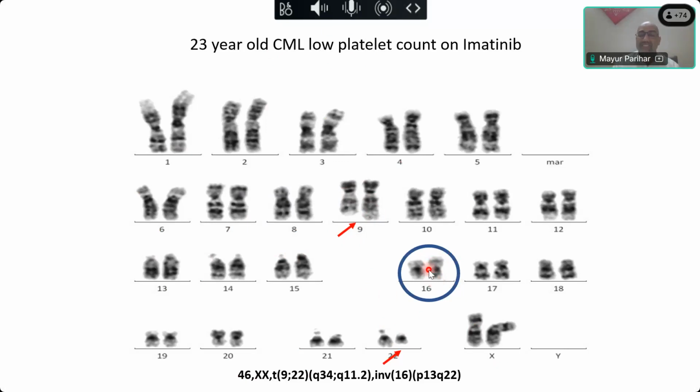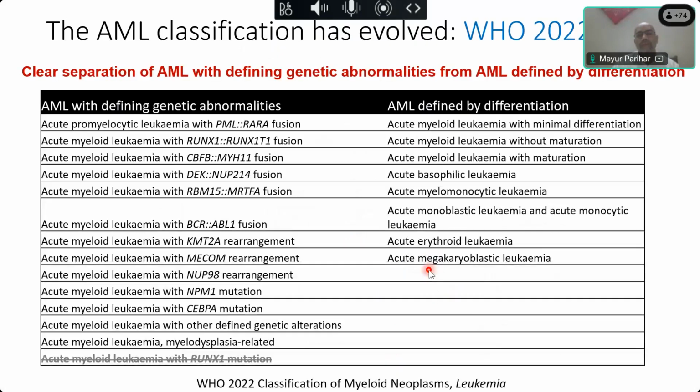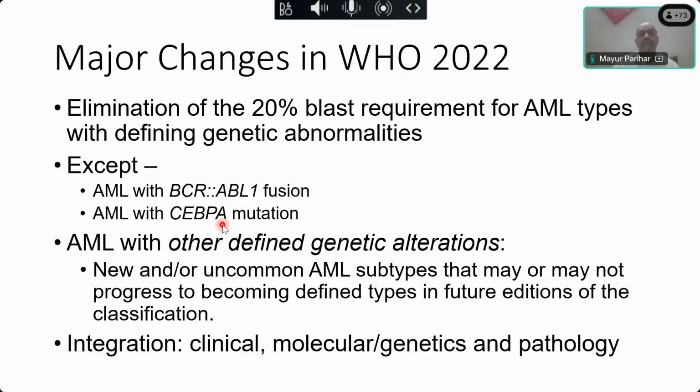Now, inversion 16 is also diagnostic of acute myeloid leukemia. Initially it was only 8;21, inversion 16 and PML-RARA or 15;17. But in the new WHO 2022, in AML with defining genetic abnormalities, when you have any of these, you do not need a blast percentage of 20%.